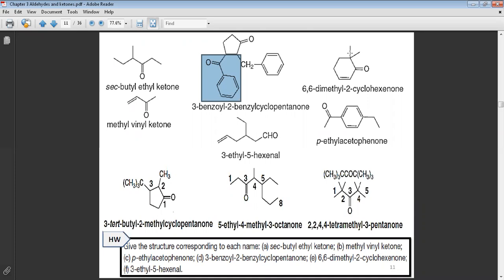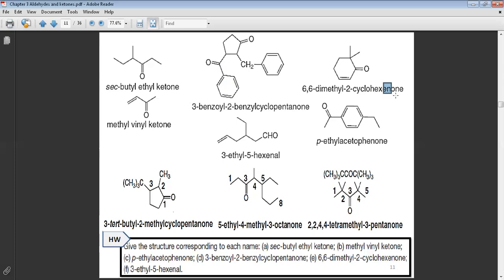On carbon number 6, we have dimethyl, 6-dimethyl. We have cyclohexene. Where is the ene? On carbon number 2. That means it will be 2-cyclohexene. It will be like this, the name.